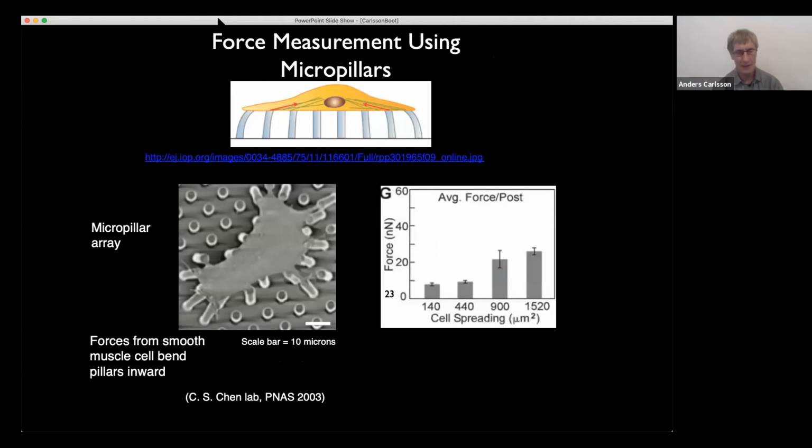Right. So the fact is that any surface that you put a cell on is going to be kind of artificial, because in a tissue, the cell is surrounded by the ECM, typically a fibrous ECM. When we do most experiments, we just put a cell on a substrate, and that is one maybe not so great approximation.